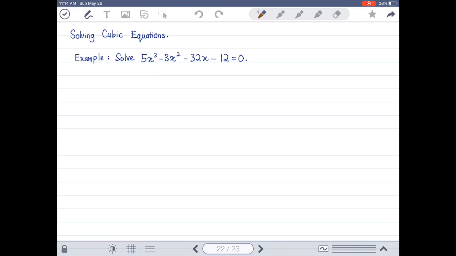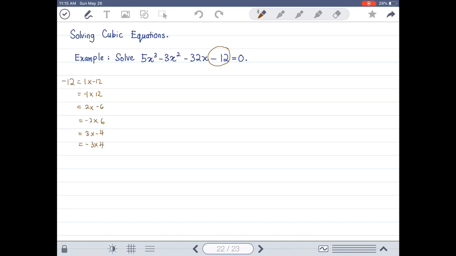So to solve this, the first thing you need to do is look at the term without x. We have negative 12. Negative 12 is just equals to 1 times negative 12, or negative 1 times 12, or 2 times negative 6, or negative 2 times 6, or 3 times negative 4, or negative 3 times 4.